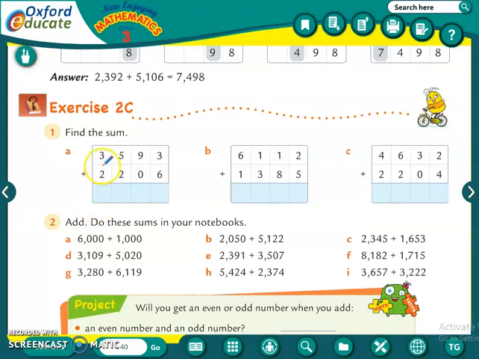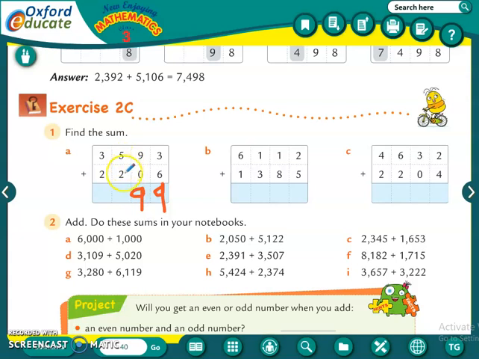We are going to start here, 3 plus 2, 5. Is it correct? No. We have to start addition at the ones place. So first of all we will start the addition from here, 3 plus 6, is equal to 9. This is the ones place. Then 9 plus 0 is equal to 9.